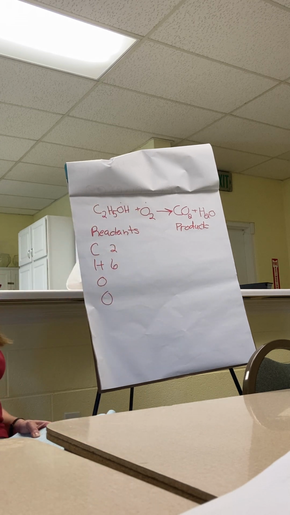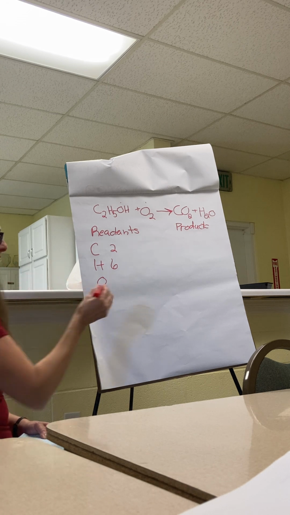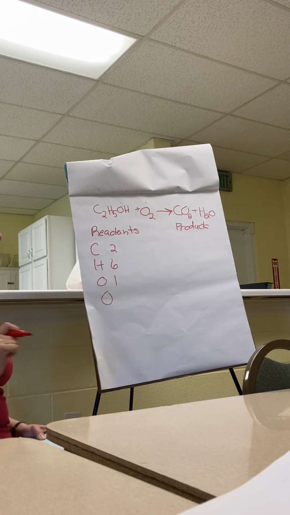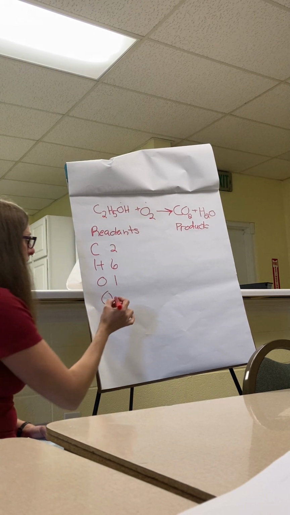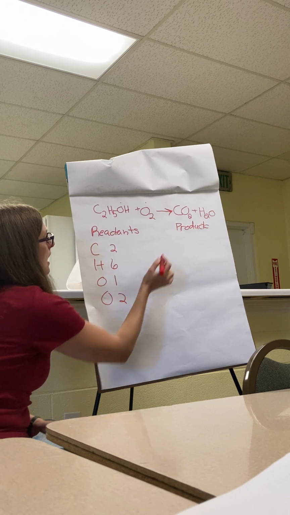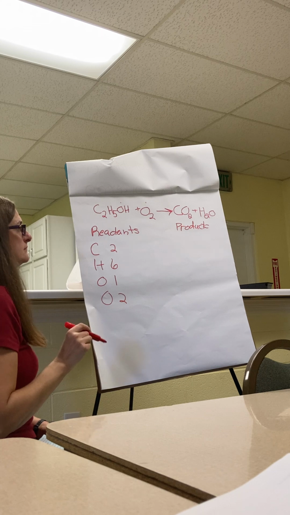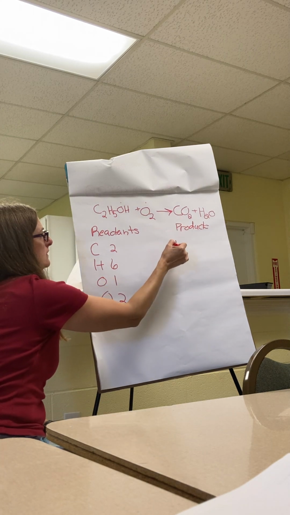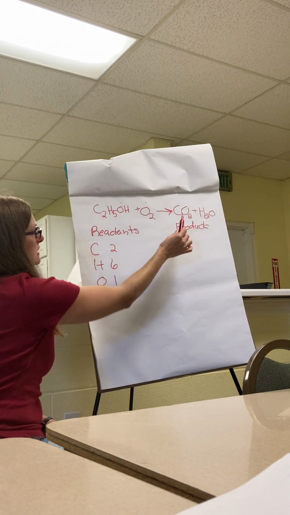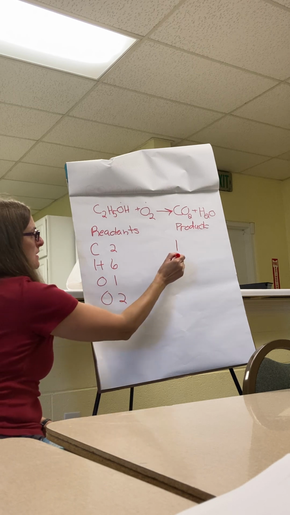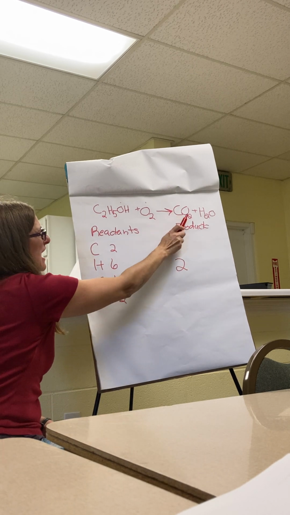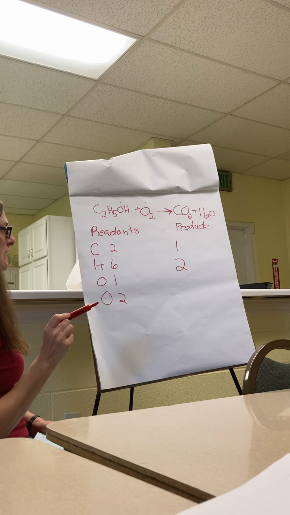How many oxygens do I have in our ethanol? 1. And in our gas oxygen? 2. On our product side, how many carbons do we end up with? 1. How many hydrogens? 2.